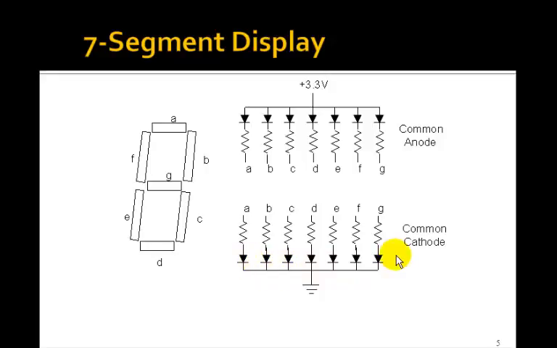Those are connected together, normally connected to ground. So to turn on a common cathode, you'd put plus voltages in A, B, C, D, E, F, G. They're shown over here. To turn on a common anode, you would set the common anode side to some positive voltage, 3.3 volts in the case of the Nexus 2 board.